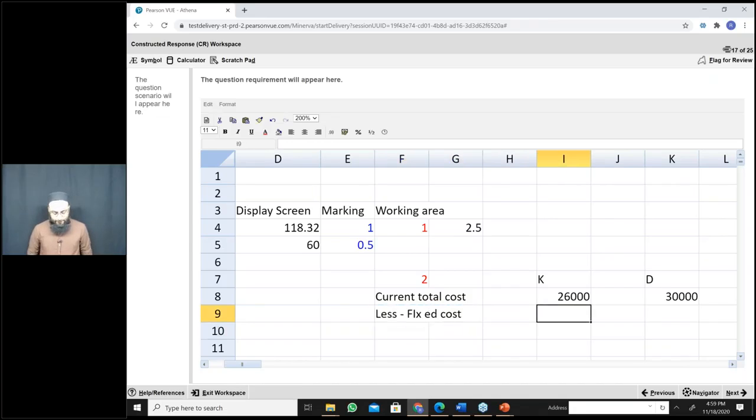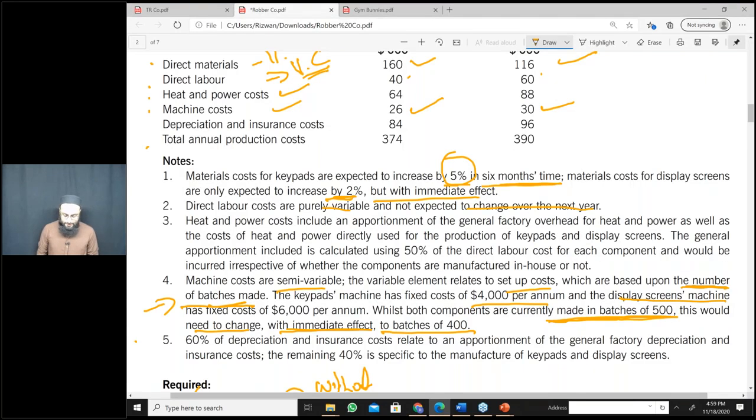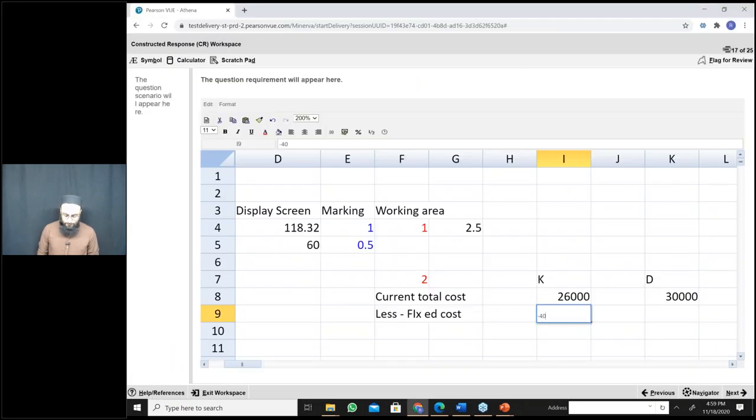So do we have a fixed cost here? Yeah, it's written 4,000 for keypads and 6,000 for display screen. So now you will get pure variable cost.